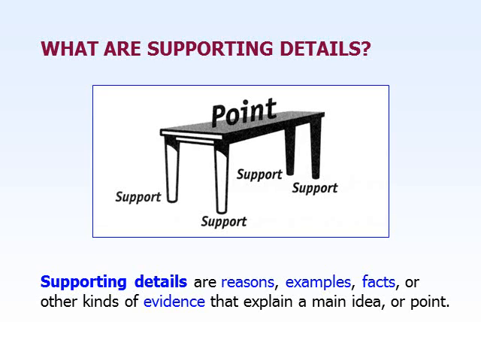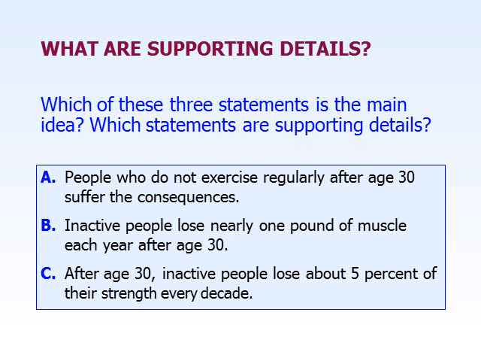So what are supporting details? We talk about them as reasons, facts, examples, description, other kinds of evidence that support the main idea. If we talk about the main idea as a table, the support would be the legs of the table. So if we look at this one, we want to say, which one of these is the main idea and which are the supporting details?